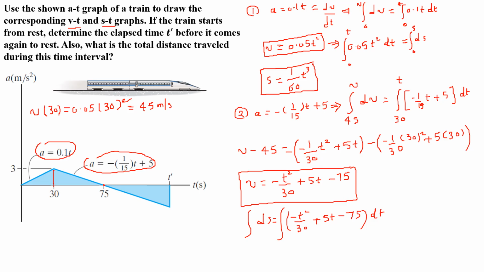I'm going to use this to find what s is starting from this point, because that's my second part of the curve. So now I'm going to replace s at 30. I'll get 1 over 60 times 30 cubed. I'm replacing in this function.